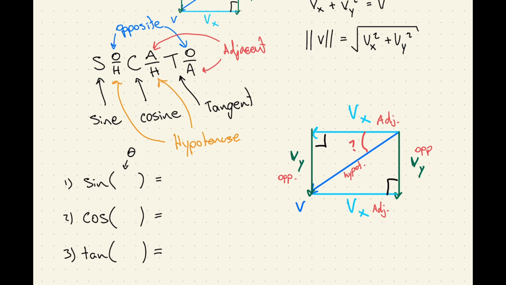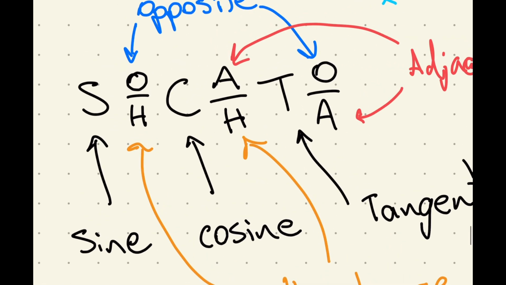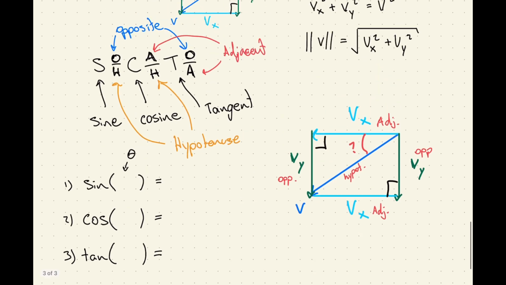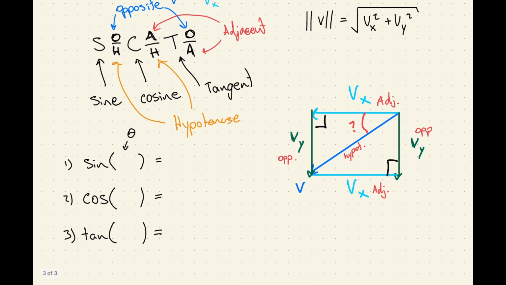And the equation we're going to create is literally what you see over here: opposite over hypotenuse, adjacent over hypotenuse, or opposite over adjacent. Does that make sense? So for sine, we have opposite over hypotenuse, where the opposite is Vy and the hypotenuse is just V, the magnitude of the entire thing.